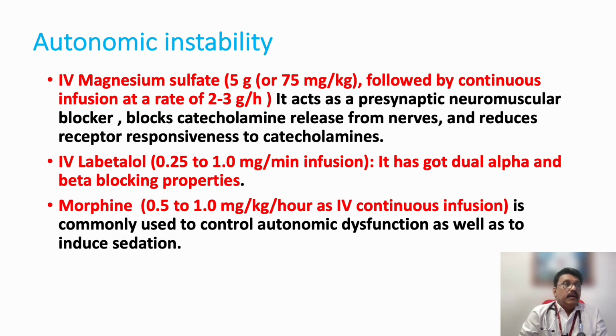Labetalol is a choice, that is both alpha and beta blocker. Labetalol IV infusion 0.25 to 1 milligram per minute should be started, but it should always be associated with magnesium sulfate or morphine. Morphine continuous infusion of 0.5 to 1 milligram per kg per hour can be given. All these drugs are used in autonomic dysfunction.